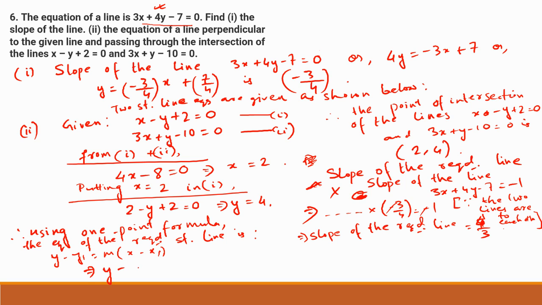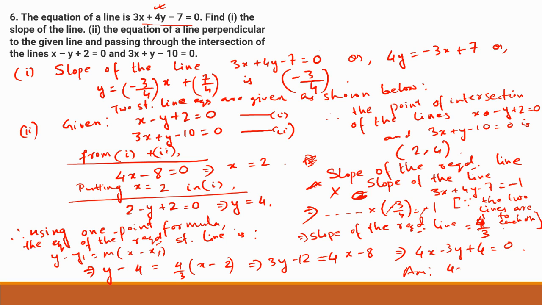It gives us y minus 4 equals 4 by 3 times x minus 2. This gives us 3y minus 12 equals 4x minus 8, or 4x minus 3y plus 4 equals 0. So hence the required equation of the straight line is 4x minus 3y plus 4 equals 0. This will be the answer.